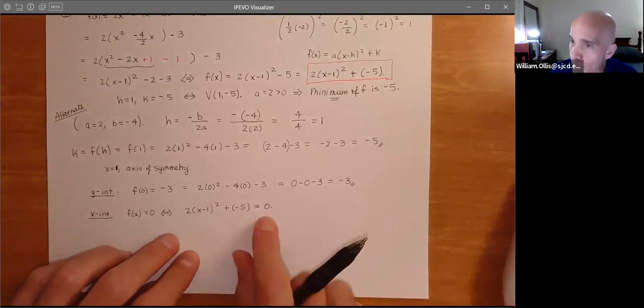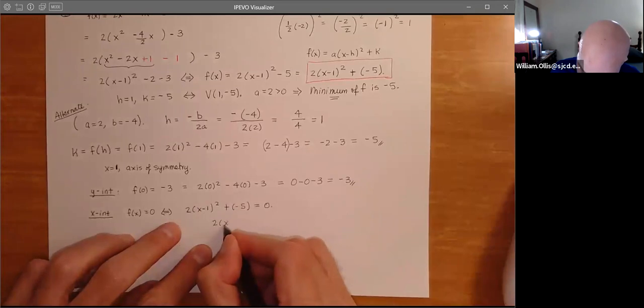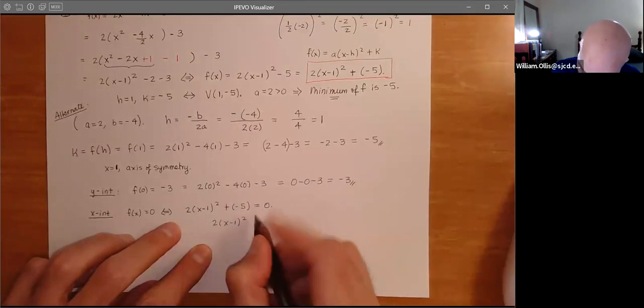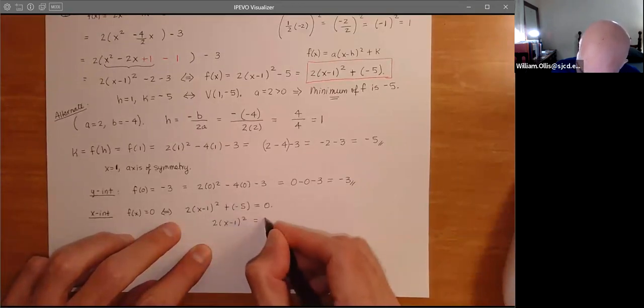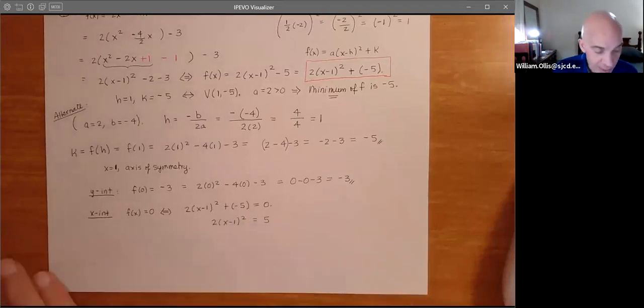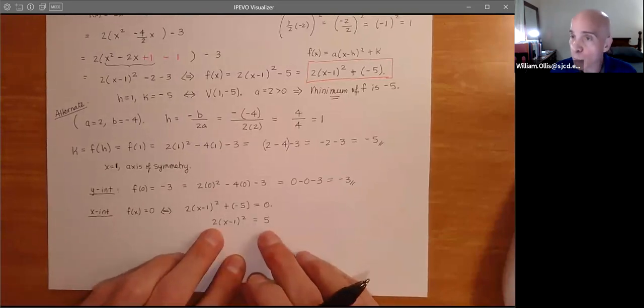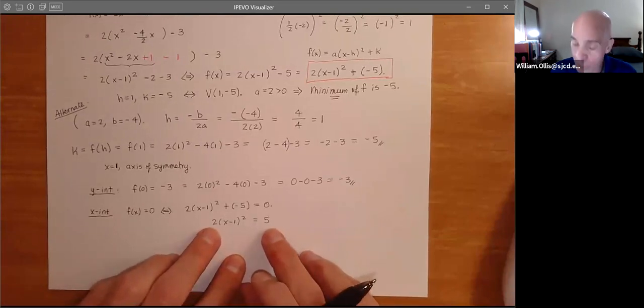So now we'll add 5 to both sides. So we get 2 times (x minus 1) quantity squared equals 5. And now we're thinking, okay, we're going to get real solutions because we've got positives here.